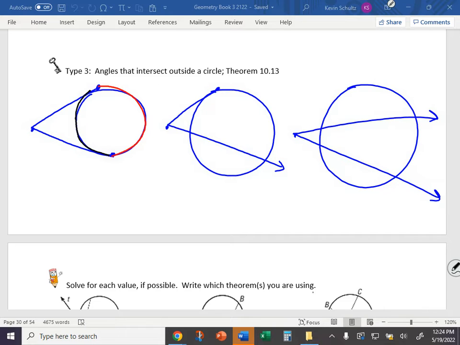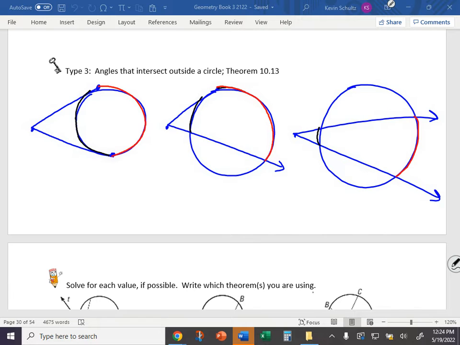In the second example, our big arc is on the outside there. Our small arc is the inside one. And in the third example, our big arc is on the outside here, and our little one is right there on the inside.